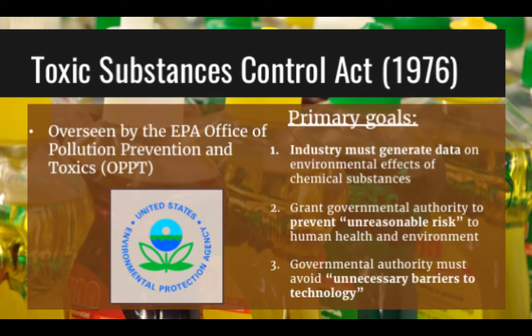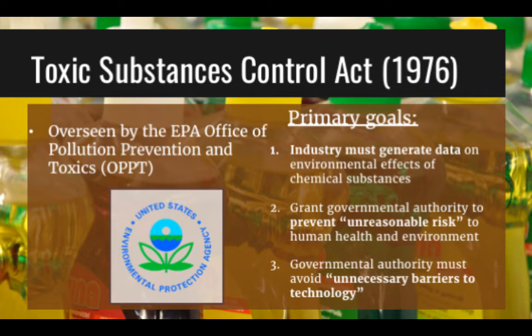The primary federal control over potentially toxic substances is the 1976 Toxic Substances Control Act, TSCA. It is implemented by the EPA Office of Pollution Prevention and Toxics, OPPT, and has not been significantly altered since its promulgation. Three significant policies are set forth at the beginning of TSCA. 1.